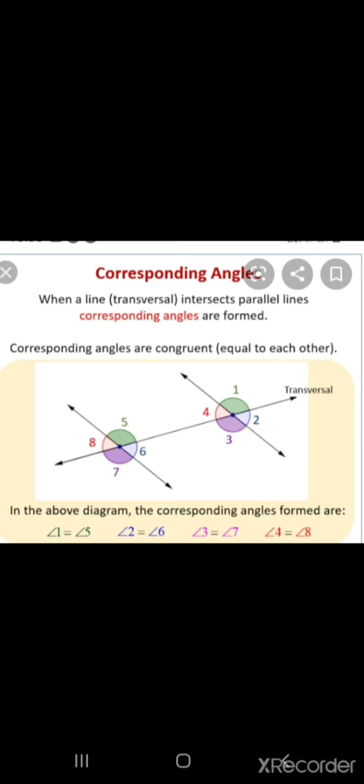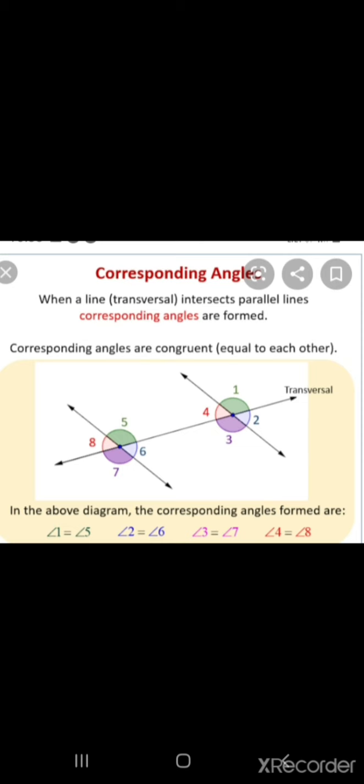For example, in this diagram, angle 1 and angle 5 form a corresponding pair. These two angles lie to the left side of the transversal, above the parallel lines.